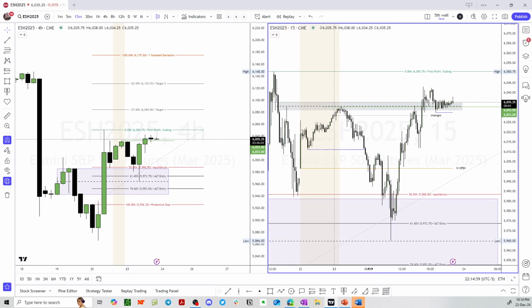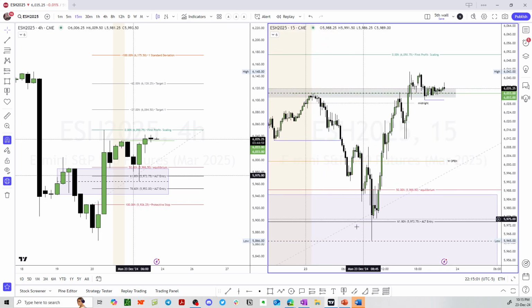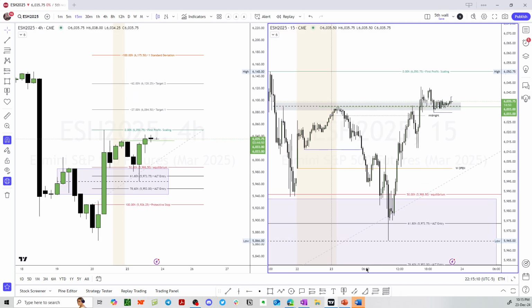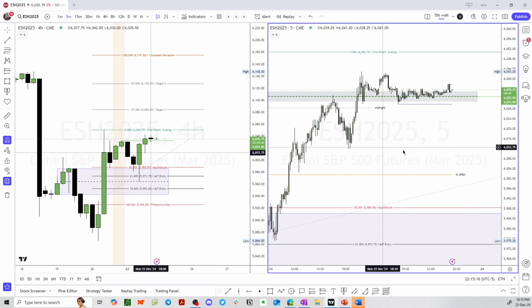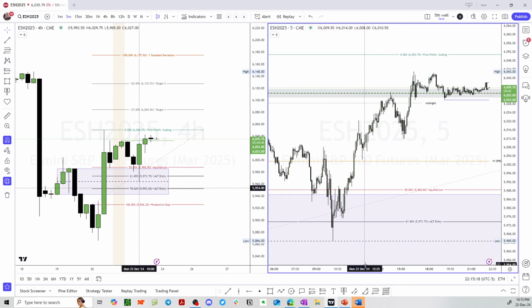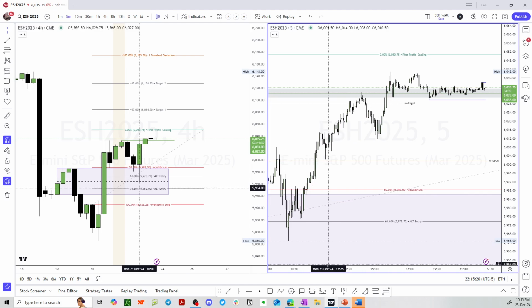You could expect the low of the day occurring between 10 and 12, low or high of the day. So this was the low being put in place. You can say a silver bullet as well, probably drop down to a 5-minute chart, and probably can see a better opportunity for a trade.